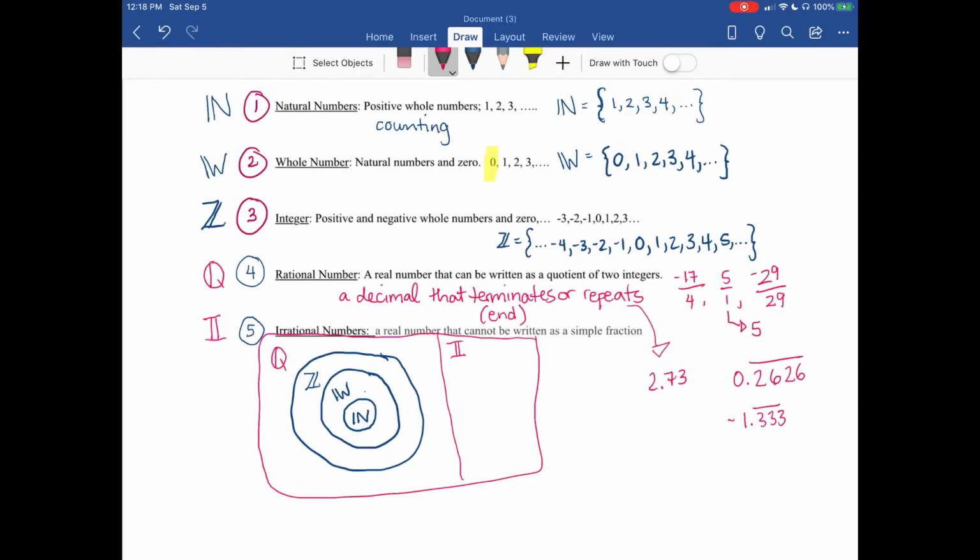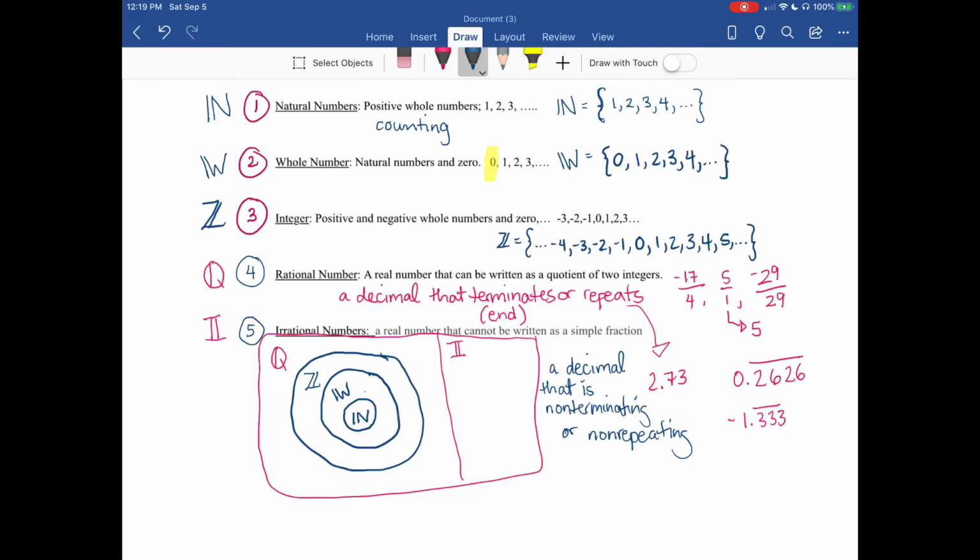What do you think your decimal definition is? Our decimal definition is one that is non-terminating or non-repeating. So a decimal that doesn't end, but it also doesn't repeat.